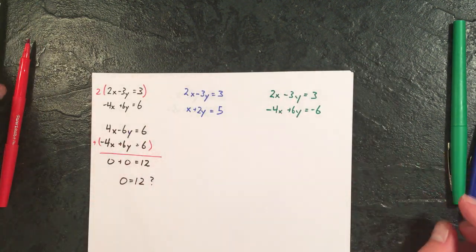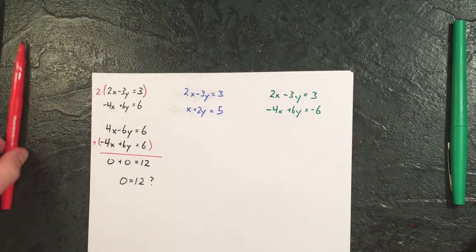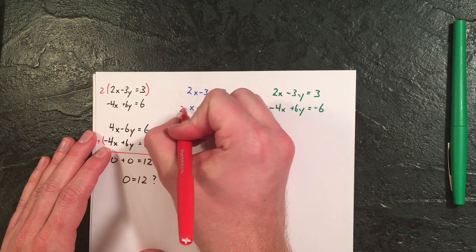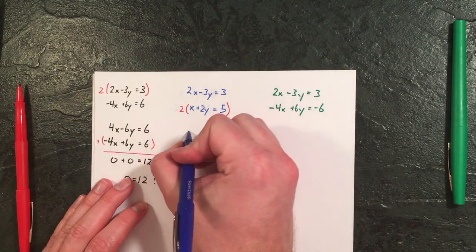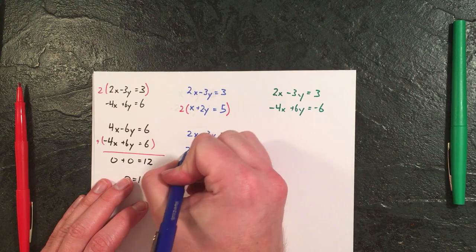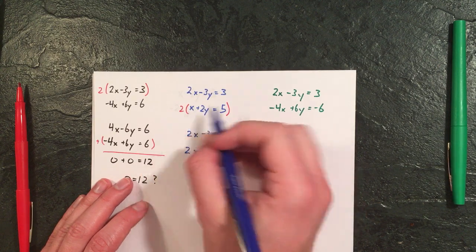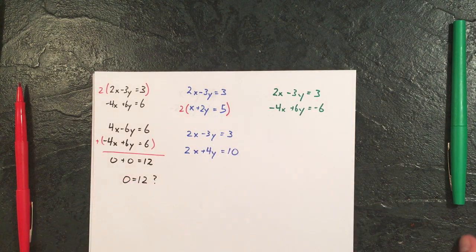On the middle one here, if we're solving this, the bottom one, we just need to multiply by 2. So let's see. Top equation stays the same. 2x plus 4y equals 10.